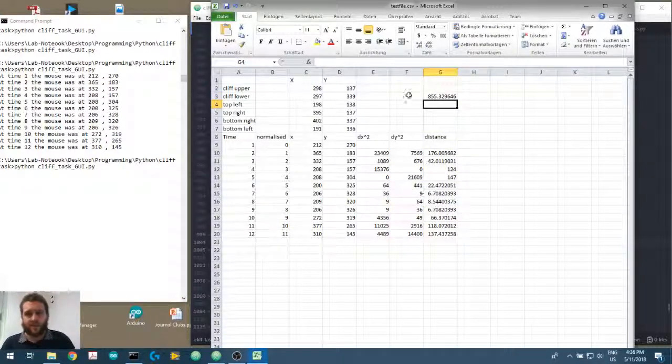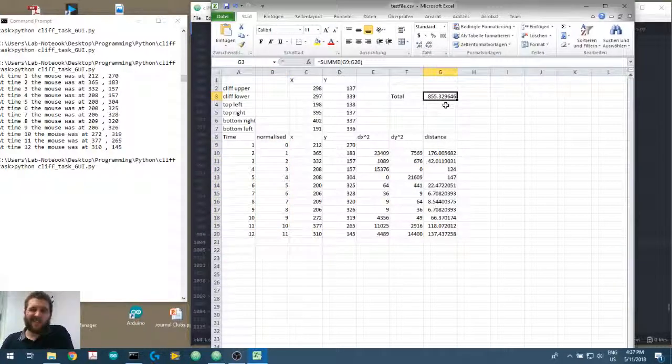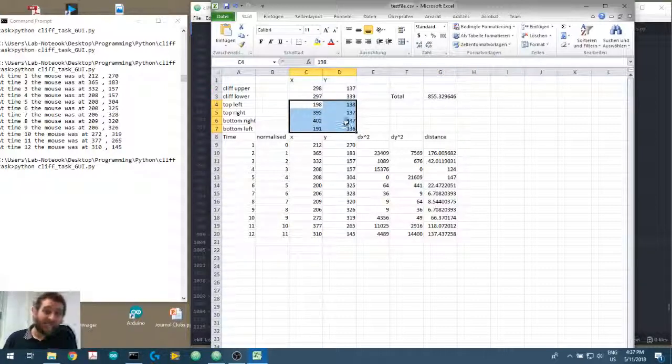And what we can see is that the total, so in 12 seconds from 0 to 11, or in 12 data points, he moved 855 pixels. We have the coordinates of the arena, and so now we know that between here and here we've got 30 centimeters in each direction. We can now convert this using these arena coordinates.